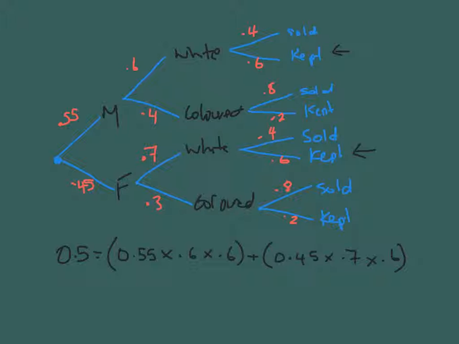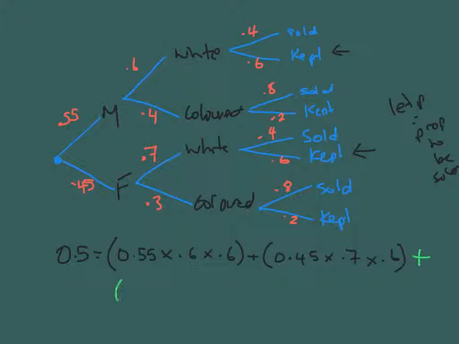Now we have to deal with the coloured Kriya, because it's the amount of coloured Kriya that we are trying to sell. And what I'm going to say here is let P equal the proportion that needs to be sold. So we add now, what we're going to do is deal with the coloured ones. So let's deal with the coloured male.